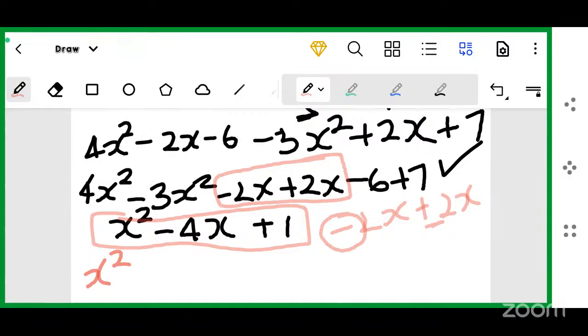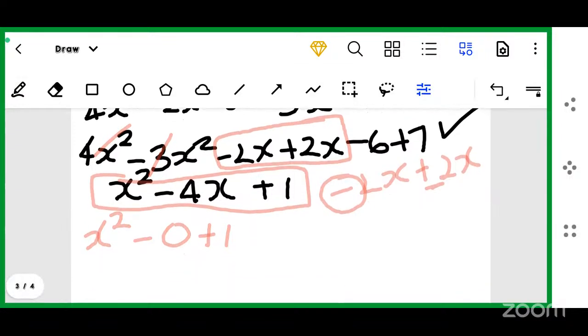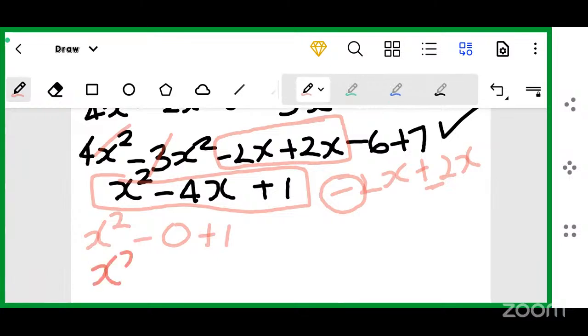And then minus 0, and positive 1. Perfect. And what is going to be 0 plus 1? 1. Perfect. So your final answer is going to be x squared plus 1, which is correct.